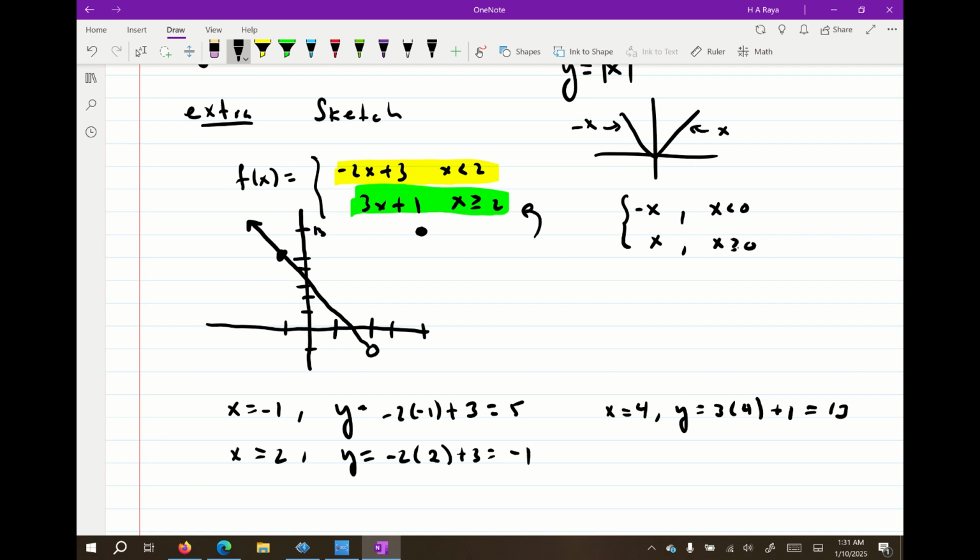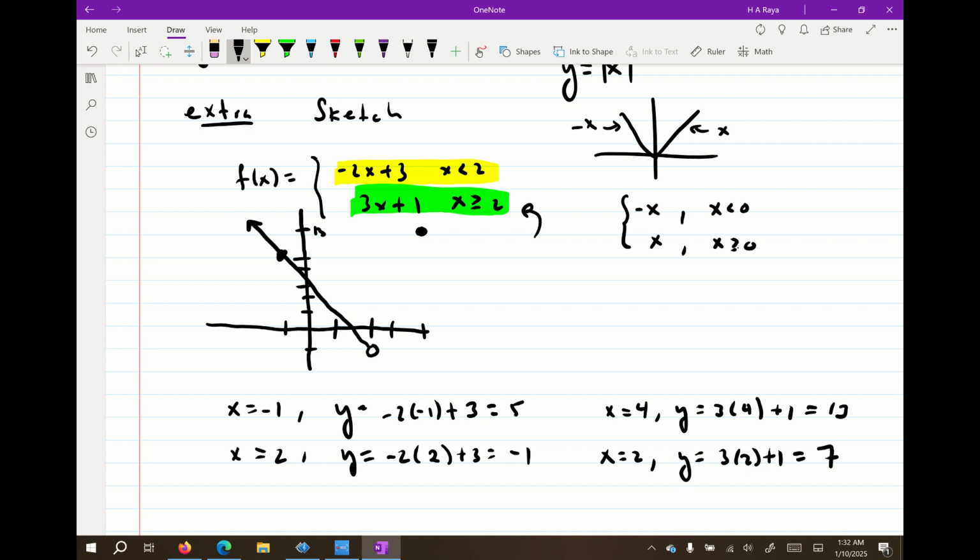And you can choose any other point bigger than 2 to generate another point and connect the dots and graph the line. But again, I'm going to suggest that you plug in 2 into that function. So you'll have 3 times 2 plus 1, that's 6 plus 1, that's a 7.